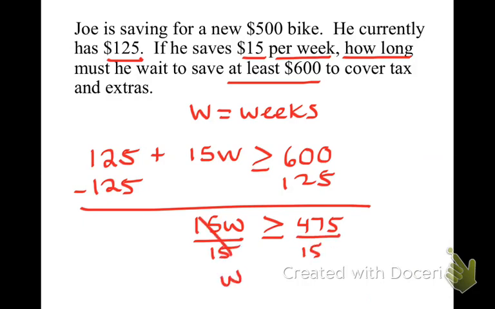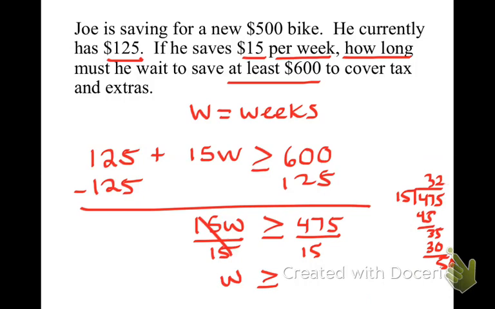And we get W is greater than or equal to, 15 goes into 47, 3 times, 2 times. So we want to get this exact. So make sure you're following your, we've got 3 times.